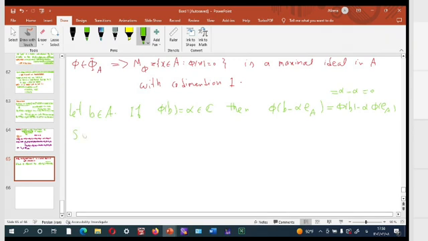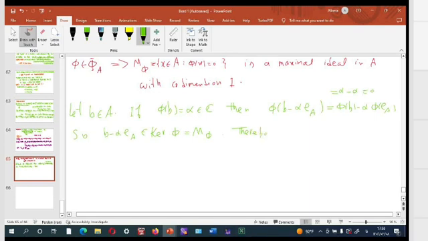So b − αe_A is an element of the kernel of φ. The kernel of φ is denoted by M_φ.